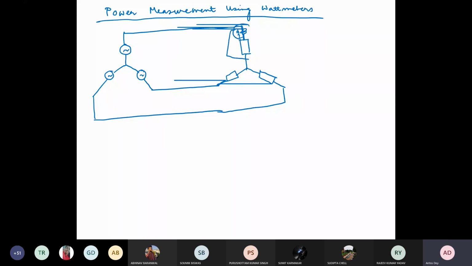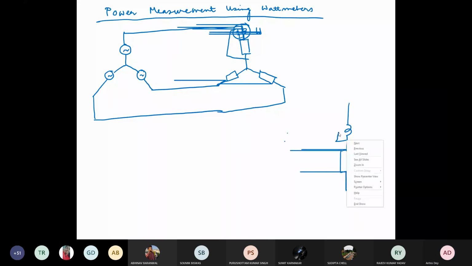This is the current coil, this is your load, and this is your pressure coil, and that is connected like this.